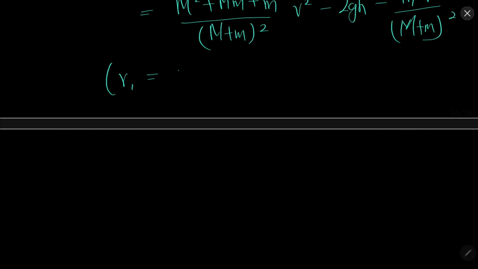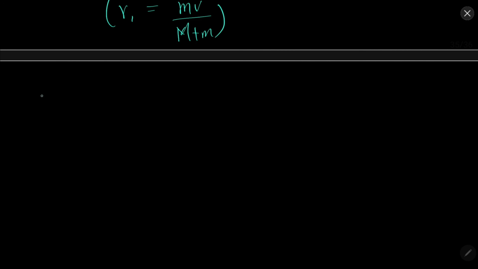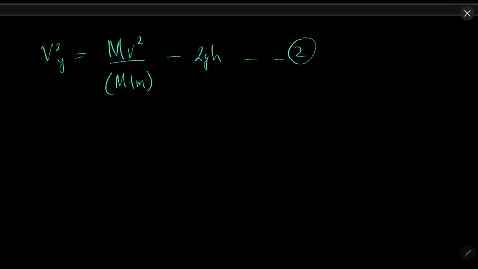So it is because V1 is equal to mv over M plus m. So v square y equals, after simplification, M v square over (M plus m) minus 2gh. Let this be equation 2.